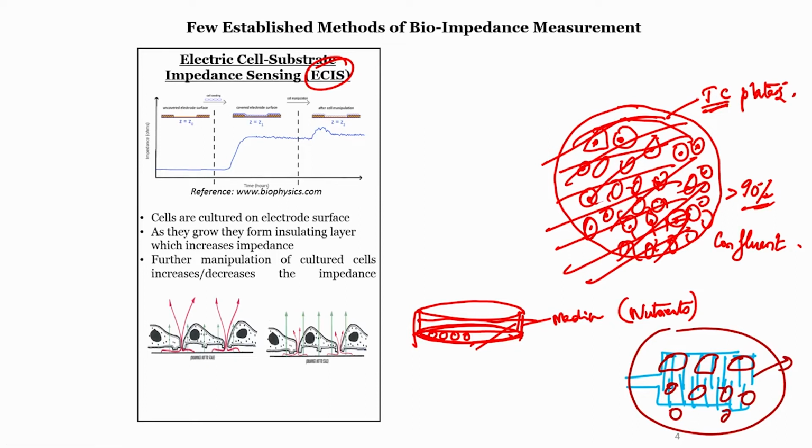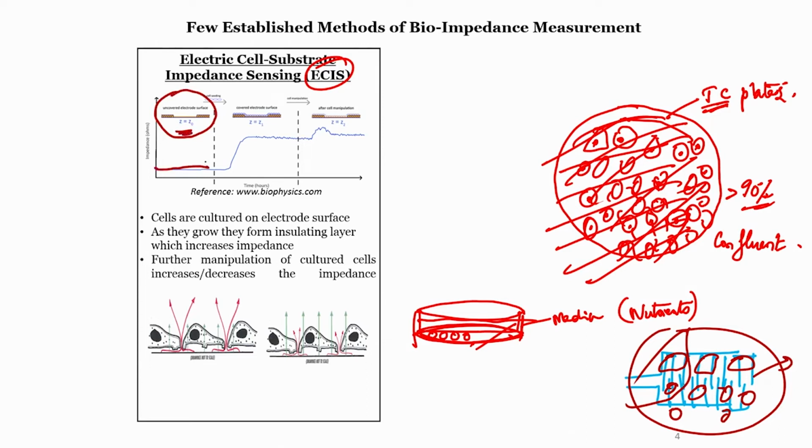Apart from that, we can manipulate the cultured cells. Let us say we scrape out some cells from here for subculturing, then the impedance will drop. And as you can see here, this is an electrode that is uncovered, there are no cells, and the impedance has one baseline value.